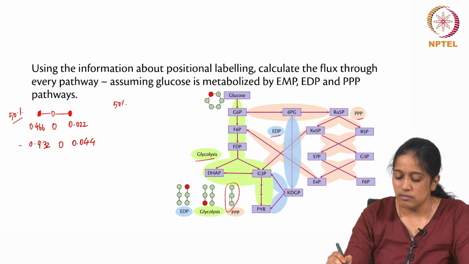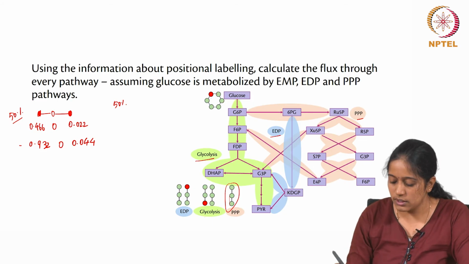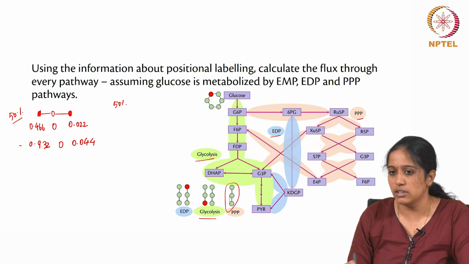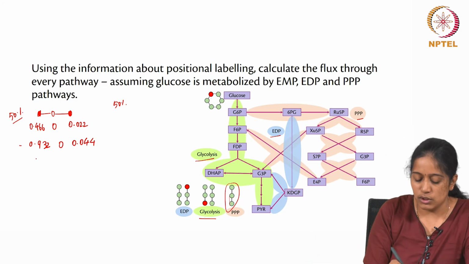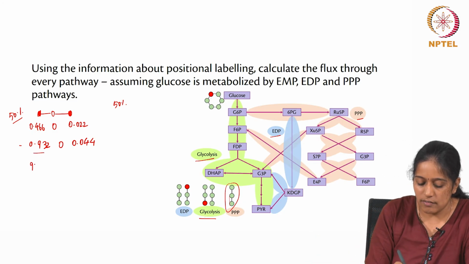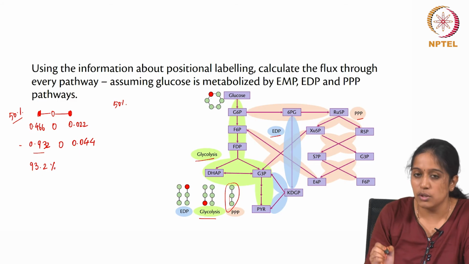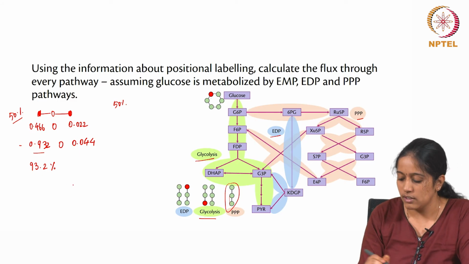From the biochemistry and the metabolic network, we have the evidence that if pyruvate was produced from one C13 labeled glucose, it should have come from glycolysis because of the different enzymes that act in glycolysis. So, we can say that our flux through glycolysis was 93.2%, and the second carbon has no labels at all.